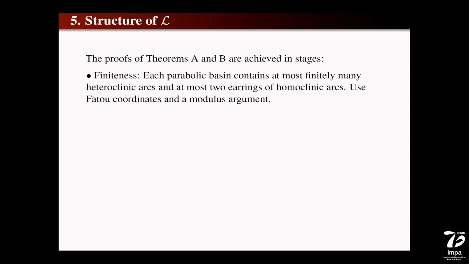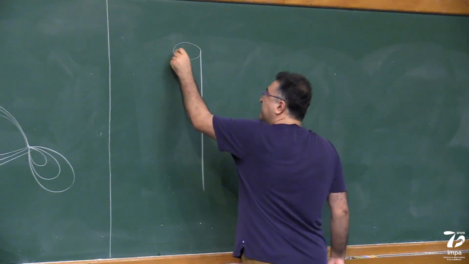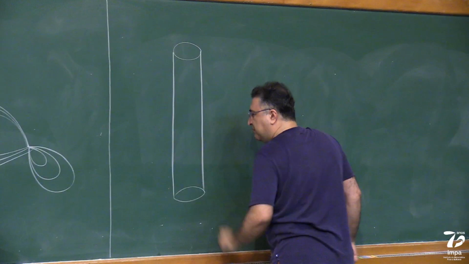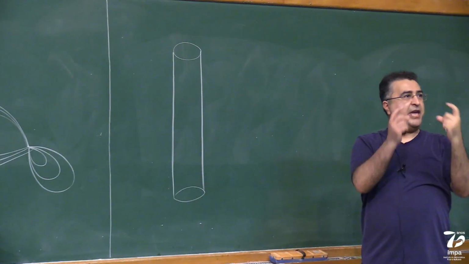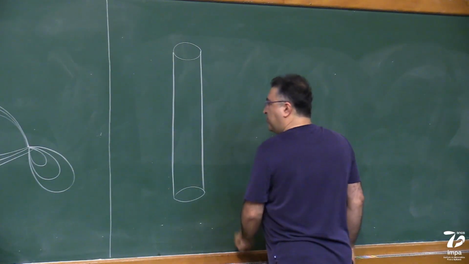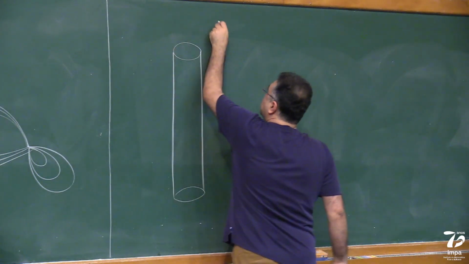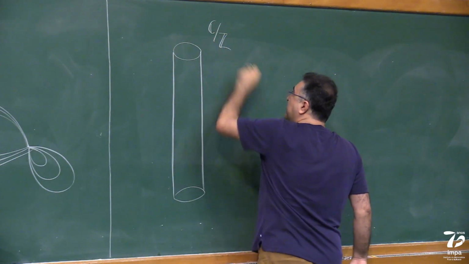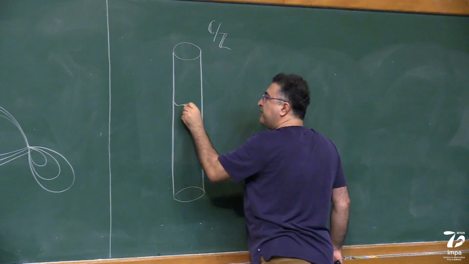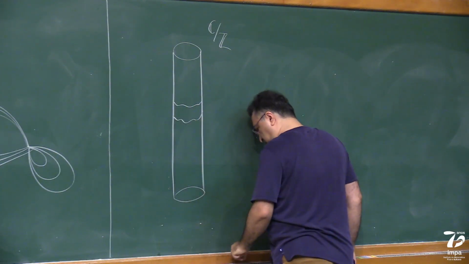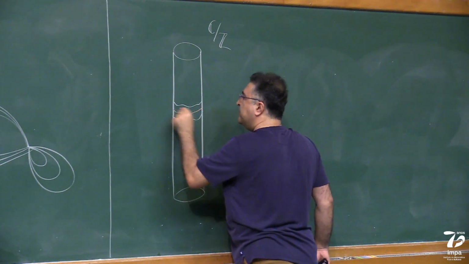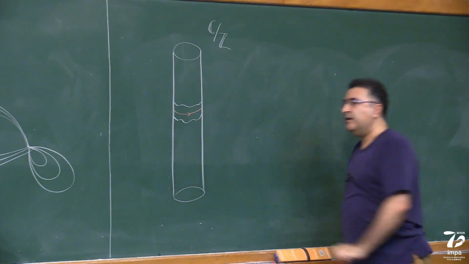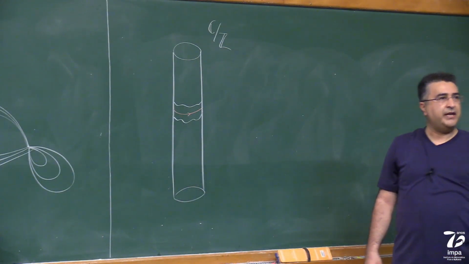So this is a modulus argument. So if you take a parabolic basin and look at the, say, heteroclinic arcs with their bands, when you go to the quotient cylinder, so this is C over Z, you get an annulus, and that L arc maps to the core geodesic of that annulus.